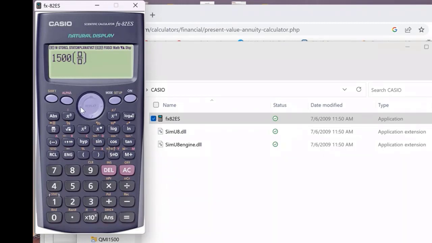On my numerator, I've got 75, 1 plus 0.075 over 12, close bracket to the power 108.